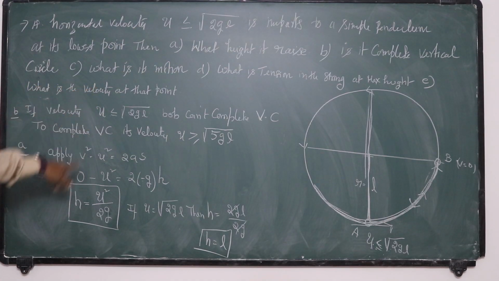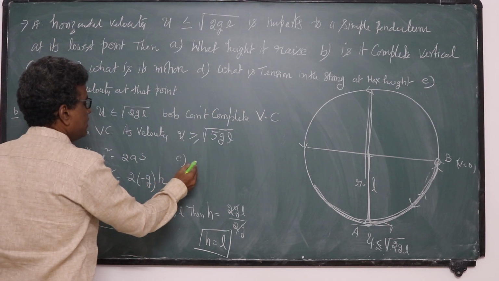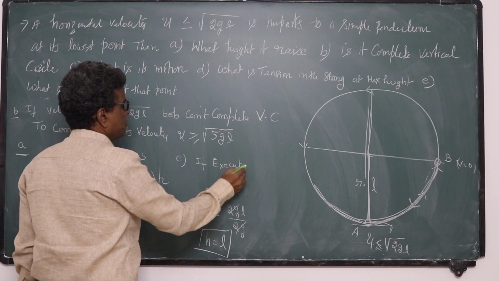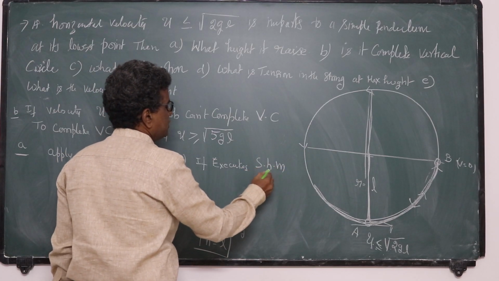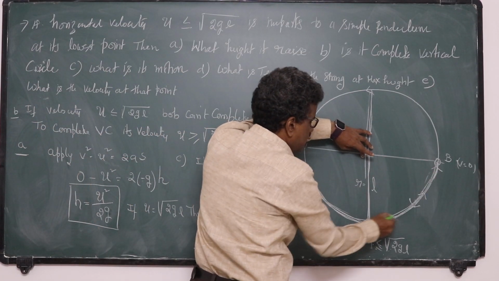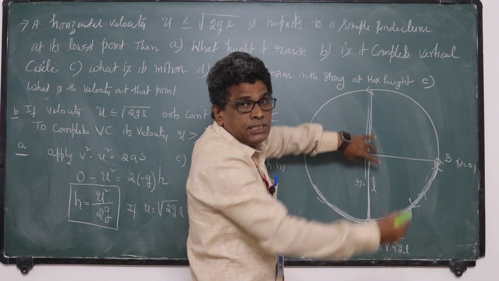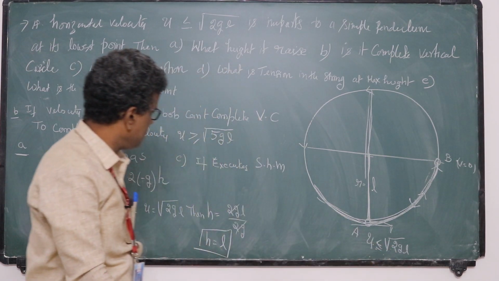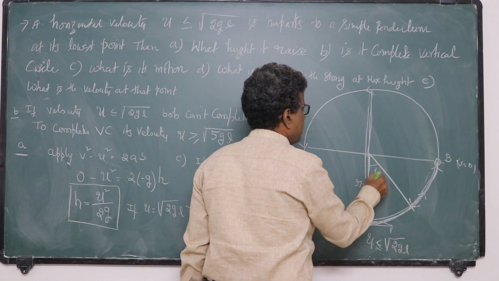What is its motion? The answer for C is that it executes SHM. That means if velocity is less than root 2gL, the bob will make to and fro oscillations, so it executes SHM. Suppose it rises to a certain height; this is the angular position.